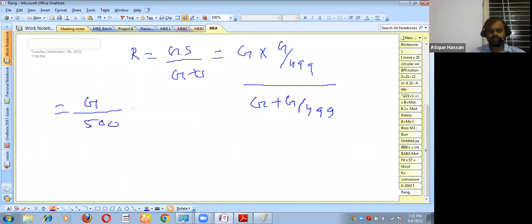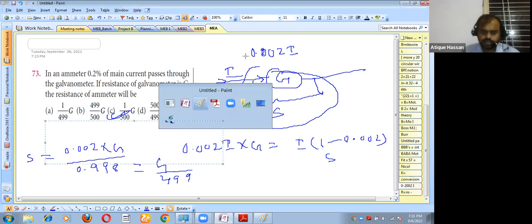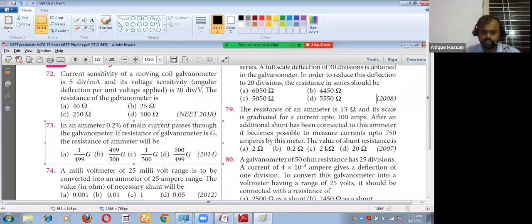G upon 500 is the value of the resistance. So the correct answer is C. Got it? So this is how we should proceed. Understood? Okay. So this is how we should work on questions based on conversion of a galvanometer into an ammeter.